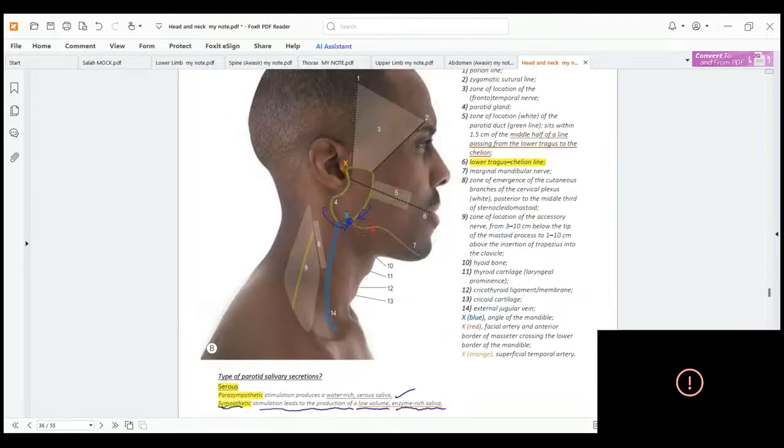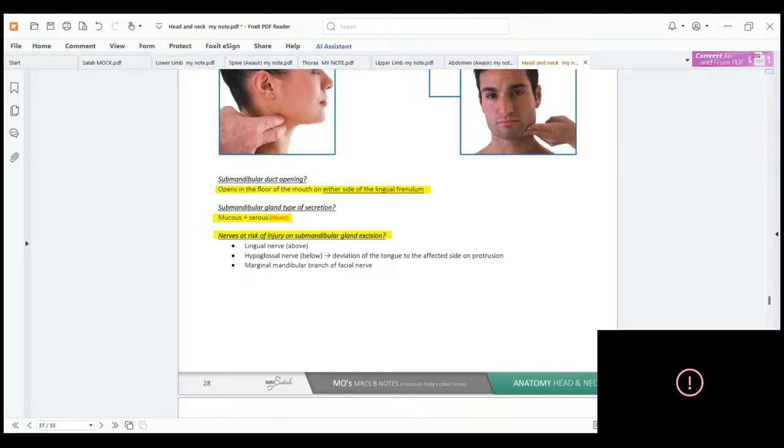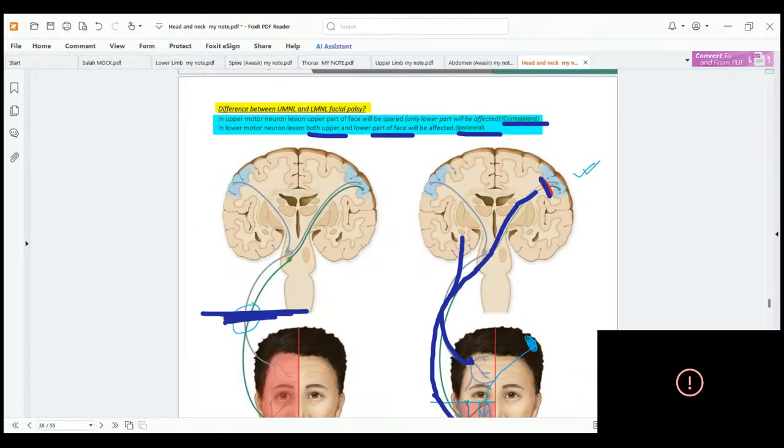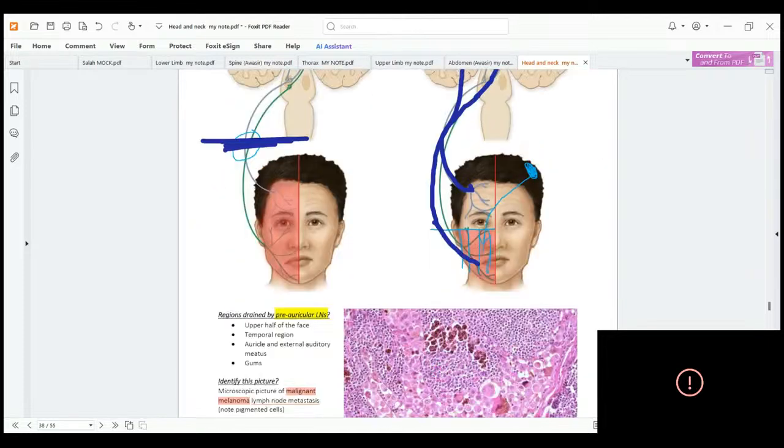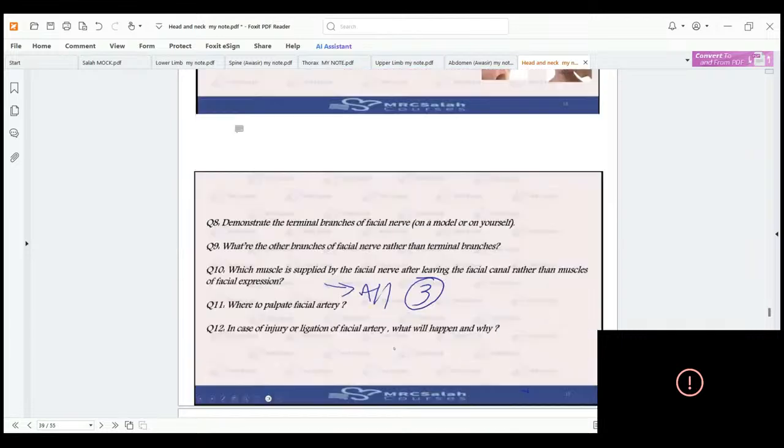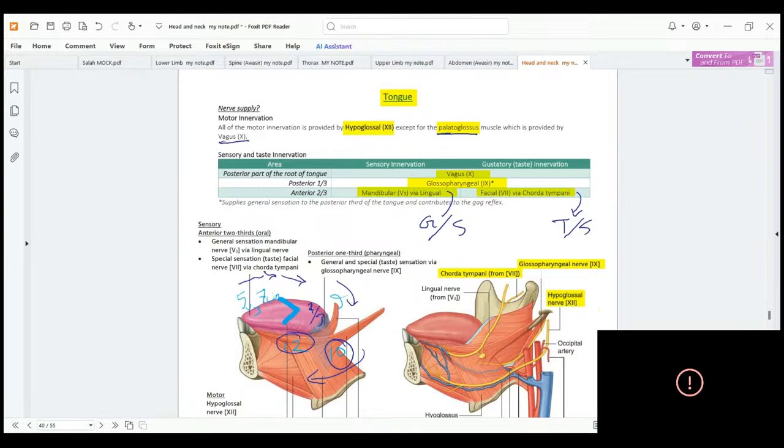We have seen this one. Upper motor nerve, we have seen. Now the tongue: 5, 7, 9, 10, 12. It is like clockwise. 5 is V3, 7 lingual.